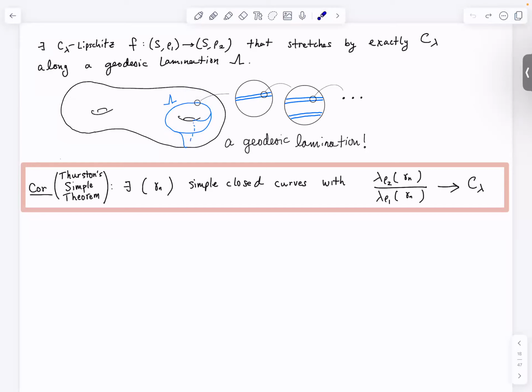And you'll have to trust me on this: its geodesic representative is very, very close to the lamination. So I can take a leaf of the lamination, follow it around, close it up, and get a simple closed curve. I do this for longer and longer times, and I get a sequence of simple closed curves that better and better approximates the lamination, and their length ratios tend to C lambda, because C lambda equals the Lipschitz constant for this map.